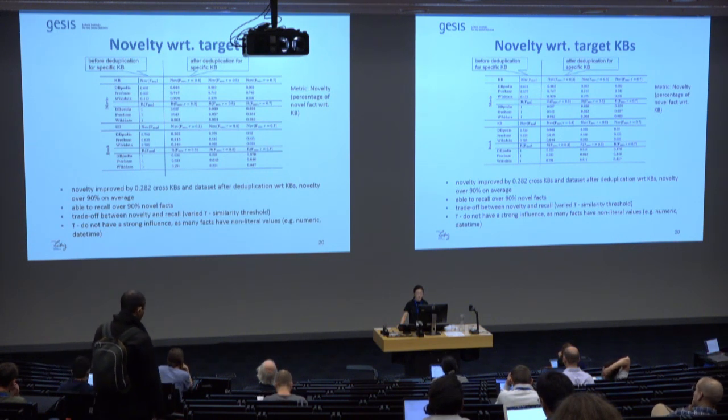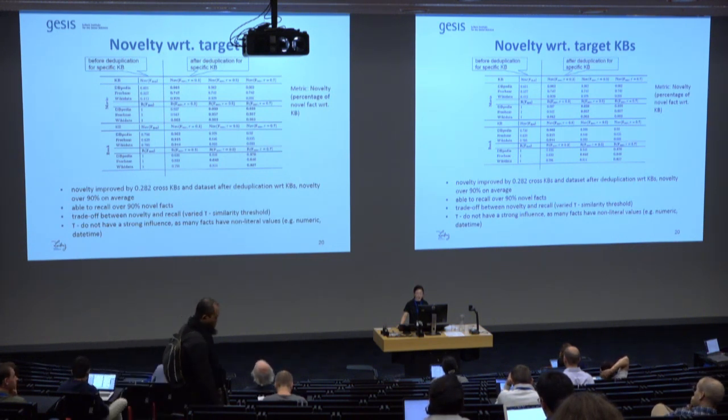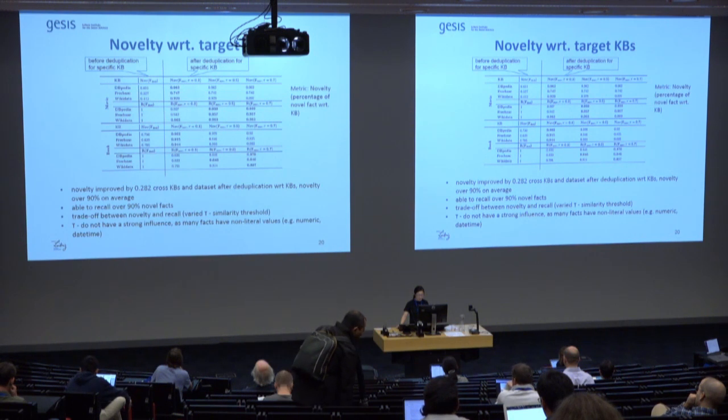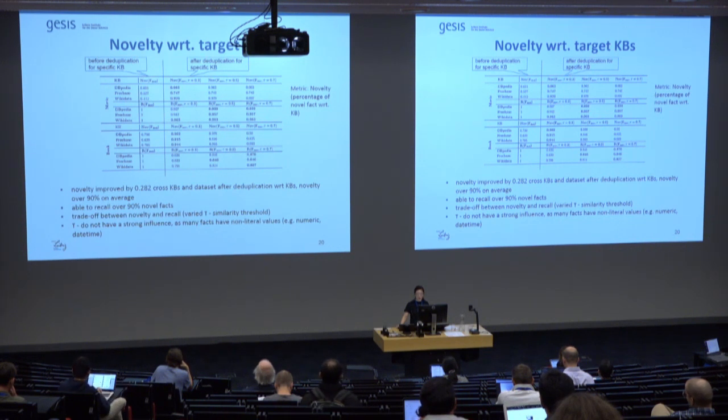We also evaluate the novelty of the facts that we recalled from the dataset. We have over 90% novelty for the facts that we extracted for augmenting the KB, and we're also able to recall over 90% of novel facts from all the matched entity descriptions. There's a slight trade-off between novelty and recall if we set the threshold to different values.